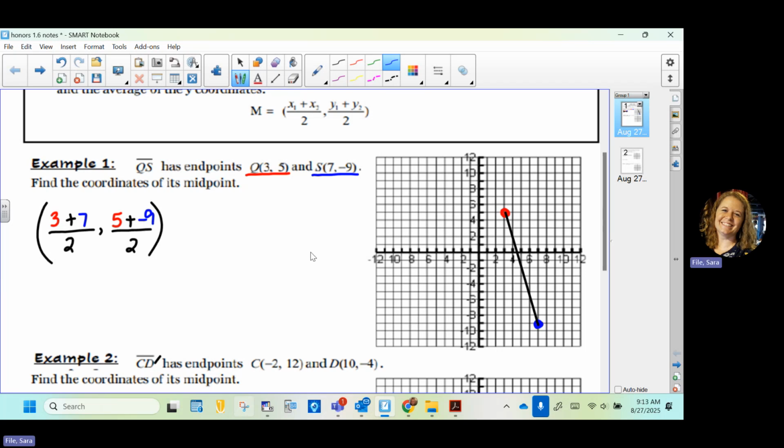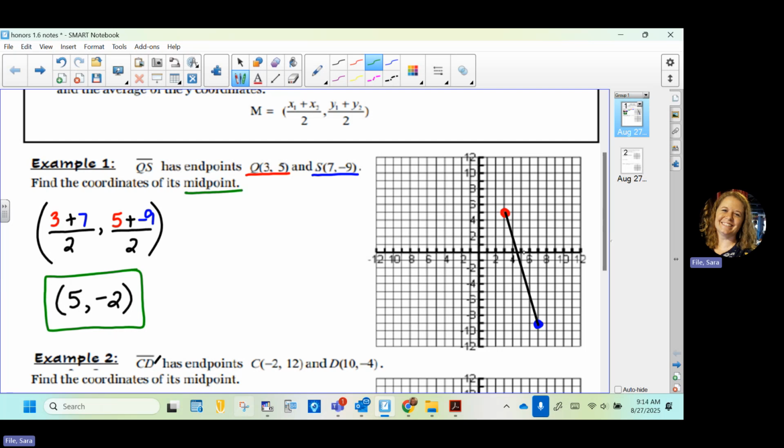So then you calculate, and 7 plus 3 is 10, divided by 2 is 5. And 5 plus -9 is -4, divided by 2 is -2. So my midpoint should be at 5, -2.